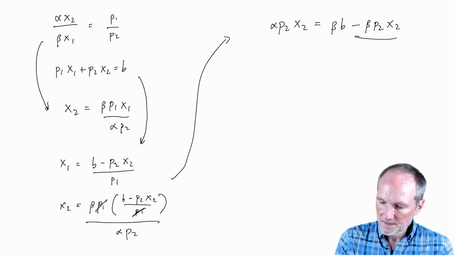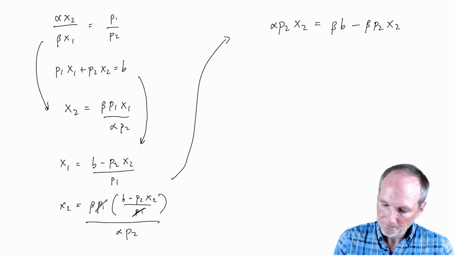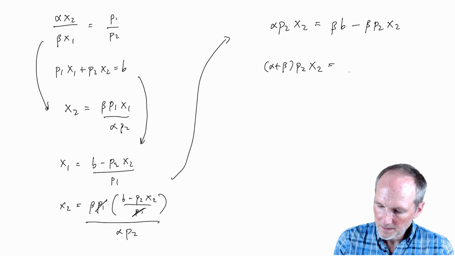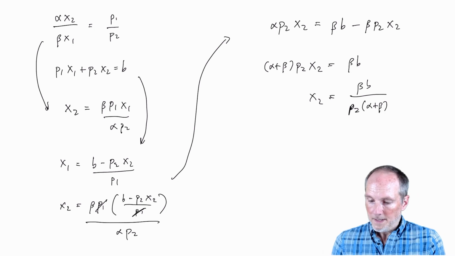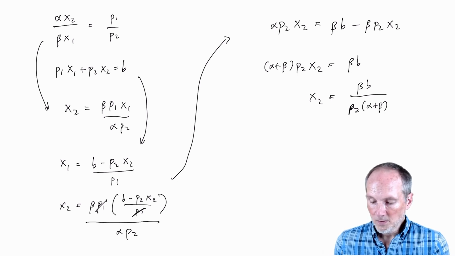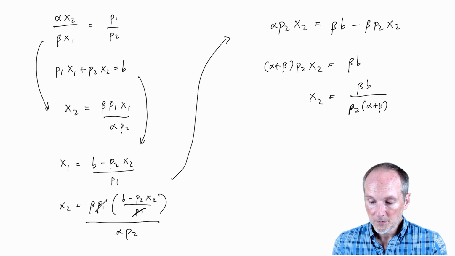So I'm going to add this to both sides, and we're going to get alpha plus beta p2 x2 is equal to beta b. And then x2 is equal to beta b, let me put the p2 here, over p2 times alpha plus beta. That is our solution for the optimal amount of good 2.